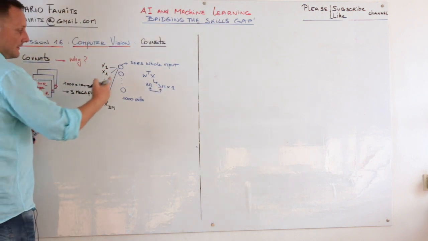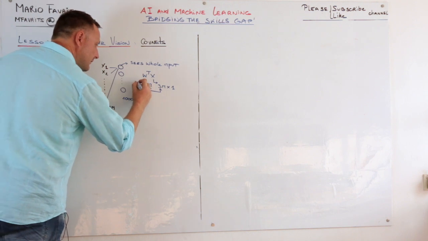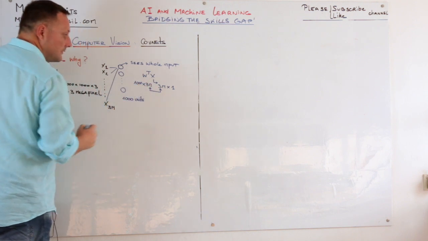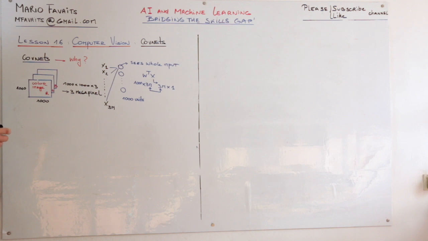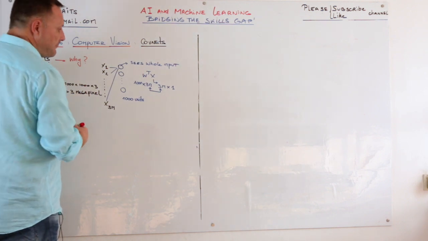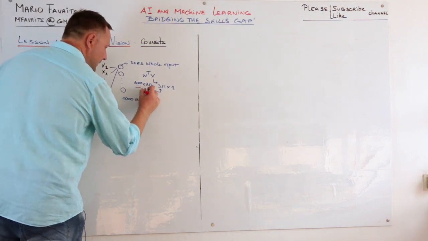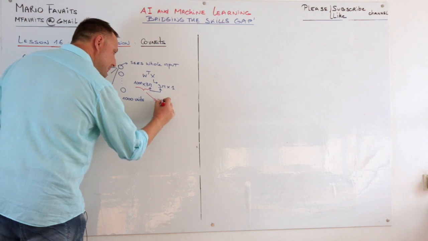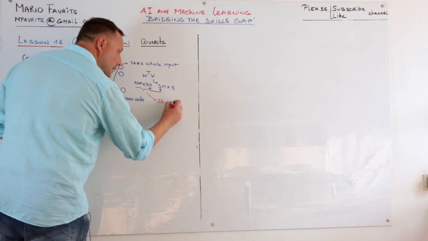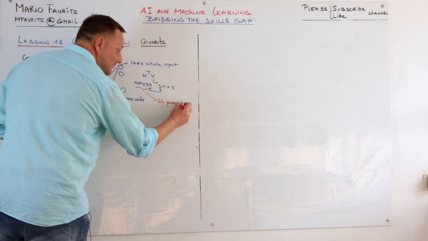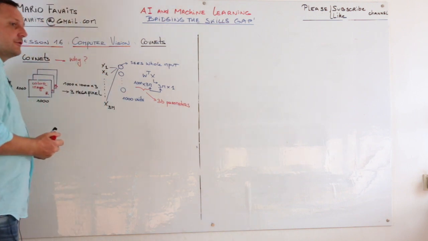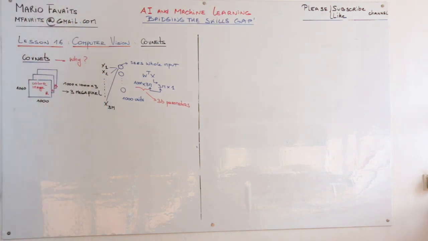And on the other hand, you have 1000. Right? So how many parameters do you have? Well, here is 3 billion parameters. So you see that the number of parameters is going quickly through the roof.